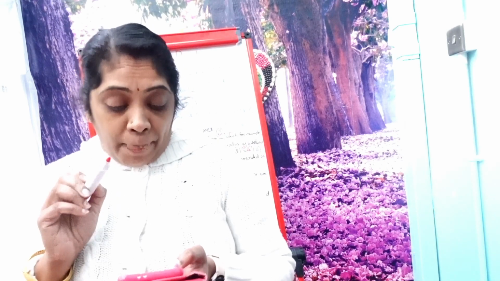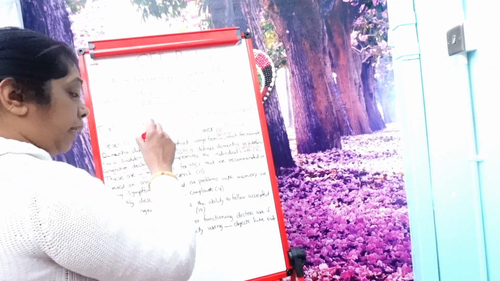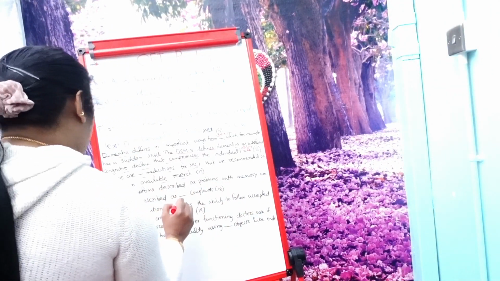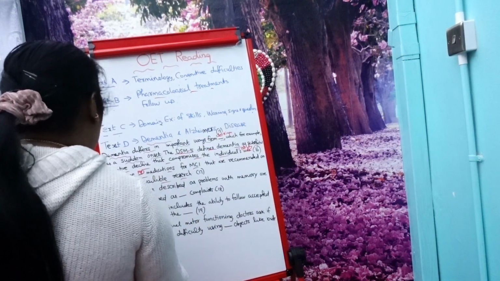Because it says if dementia is suspected, then specialist referral is recommended for confirmation of the diagnosis. But if Alzheimer's disease is confirmed, then pharmacological treatment can be considered. Okay, it's not dementia or delirium. There are no medication details written in the whole passage, so you have to say no medication.